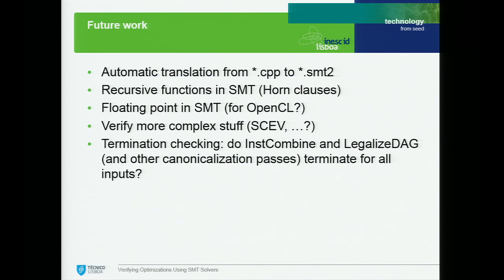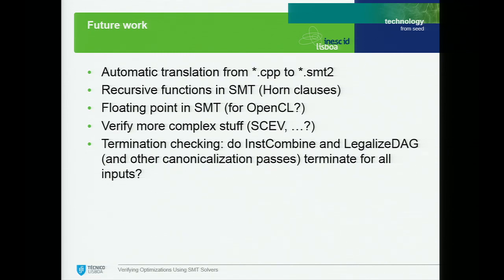The second thing, which I didn't talk about, is that the functions in SMT are not recursive, so you cannot do recursion on the functions. But some solvers, including Z3, already have support for recursive functions in the form of these horn clauses. So I expect to be able to verify a lot more things in a few months, okay, with these horn clauses.